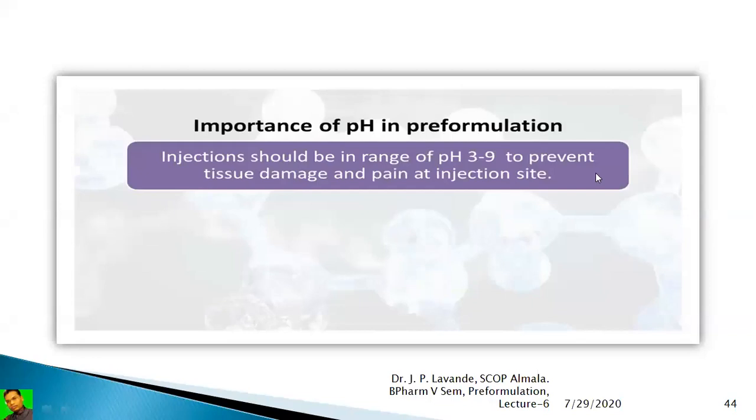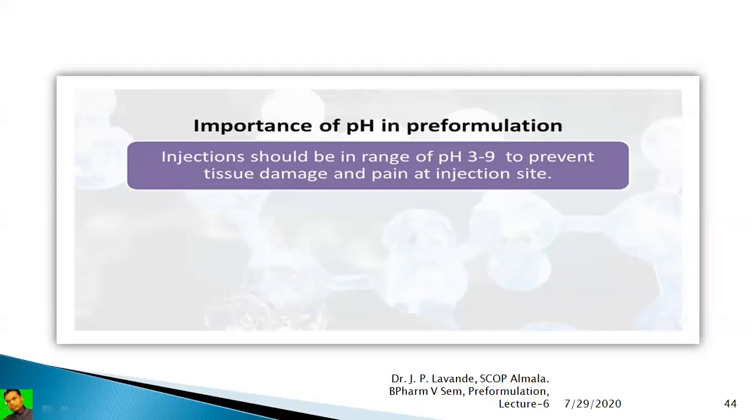Now, what is the significance of pH in pharma, in preformulation? The importance is in a variety of ways. When we go for a particular kind of dosage form, like injectable preparations, there is a strict necessity to maintain the pH.